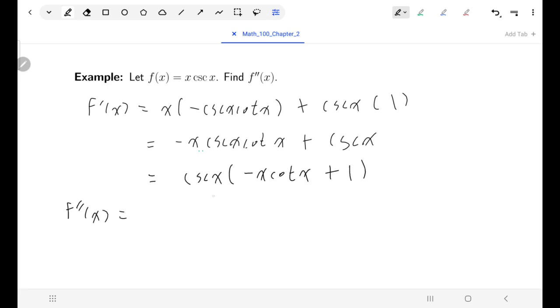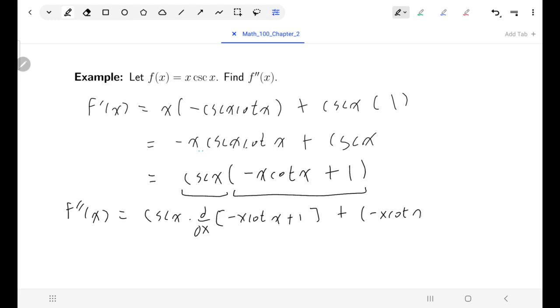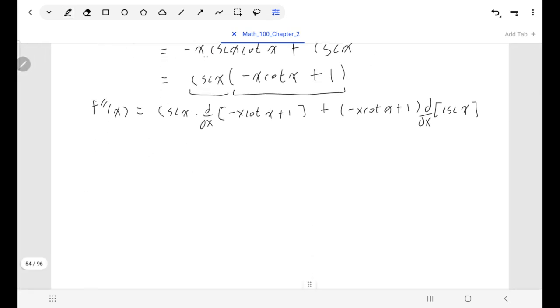So by that I mean I see that I have a product of two factors, so my derivative will be first thing as it is times derivative of the second, plus the second thing as it is times derivative of the first. Okay, so now I'm ready to go and do my derivatives.